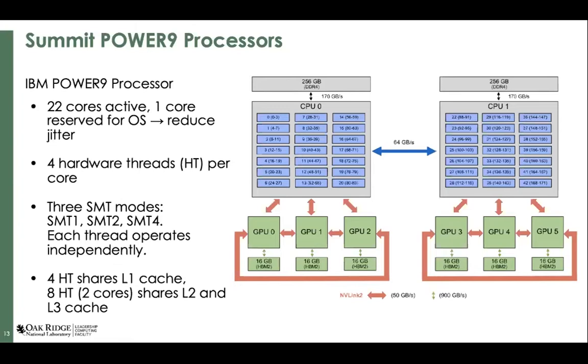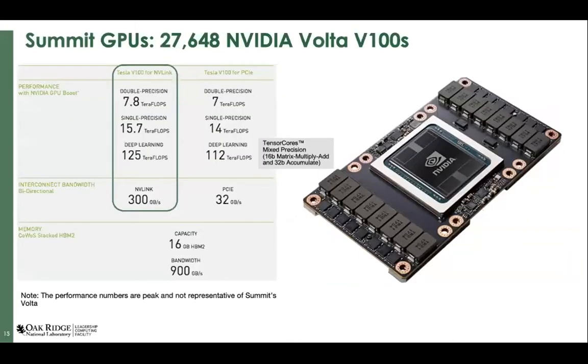So let's look at the GPU part of Summit. Each of the GPUs contains 80 streaming multiprocessors, or SMs as we call them, with 16 gigabytes of high bandwidth memory and 6 megabytes of L2 cache that is available to the SMs.